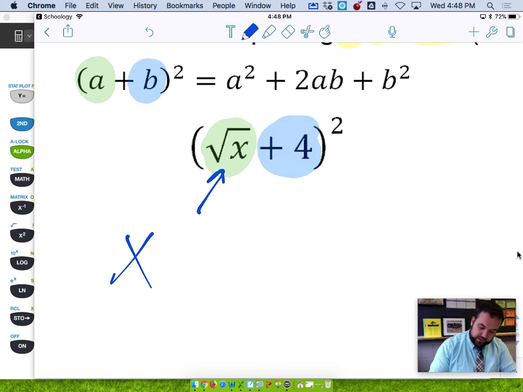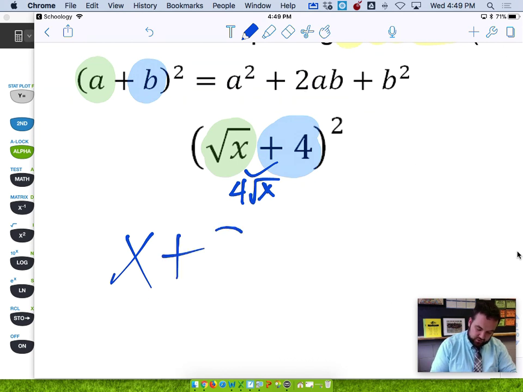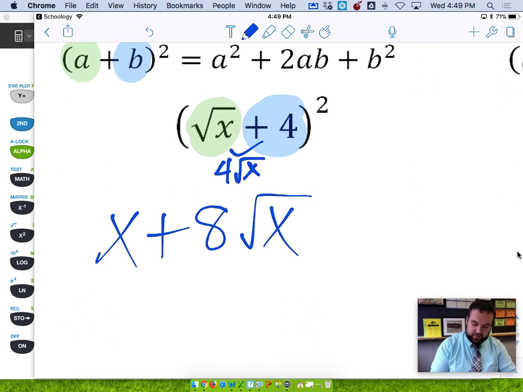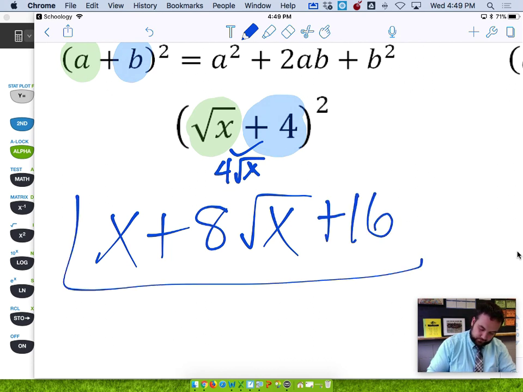So if I multiply square root of x times 4, those would multiply to 4 times root x. But then I need to double it. I need to times it by 2. So my next term here is going to be 8 square root of x. And then finally, I'm going to take b squared, so 4 squared, and that gives me plus 16.